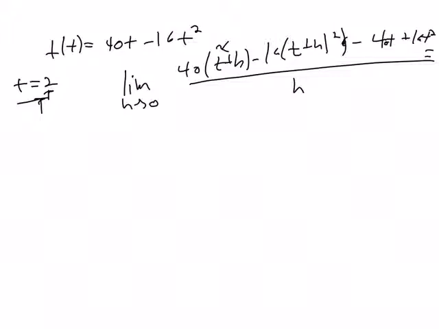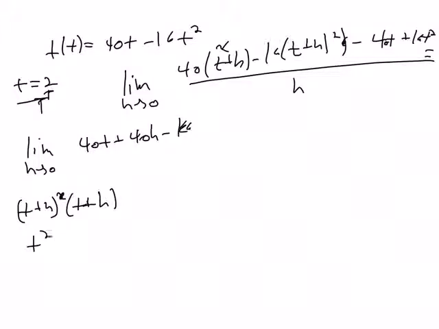We figured this out, so this is going to be equal to the limit as h goes to 0 of 40t plus 40h minus 16, no, so what is t plus h squared?